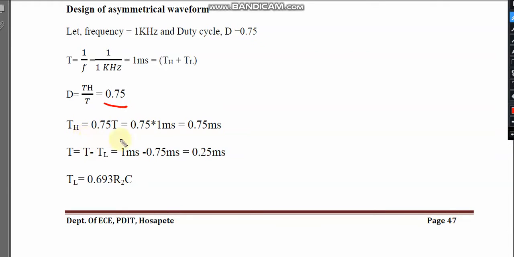TH by T. So what will we get for TH? TH is total T minus TL. So you have the remaining TL, that is TH is 0.75 and TL will become 0.25. So you can calculate TL from R2 into C, and for TH it is R1 plus R2.